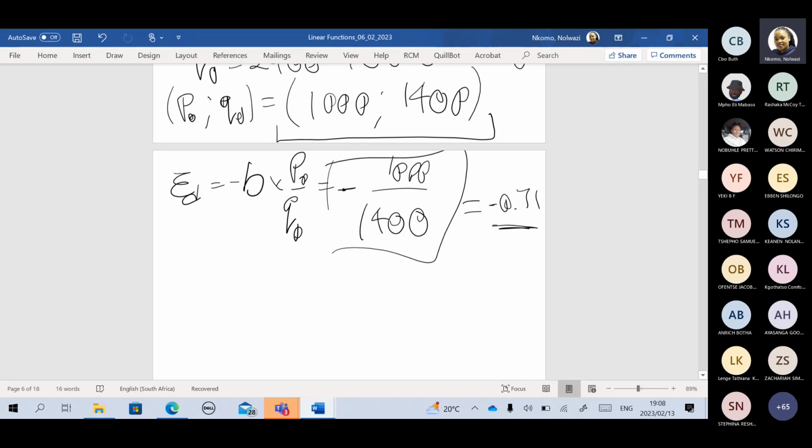To interpret this, you need the absolute value of the point elasticity of demand. The absolute value of -0.71 is equal to 0.71.